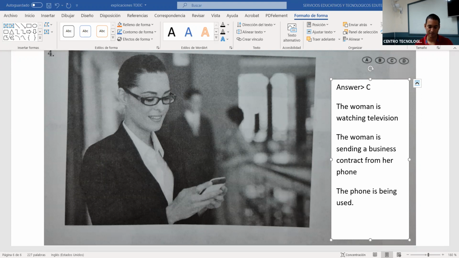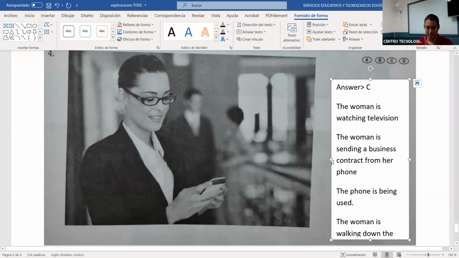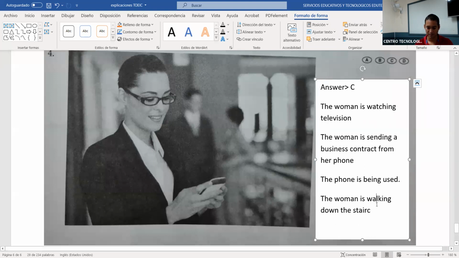And D, The woman is walking down the staircase. Actually, I cannot see that based on the picture and the context.